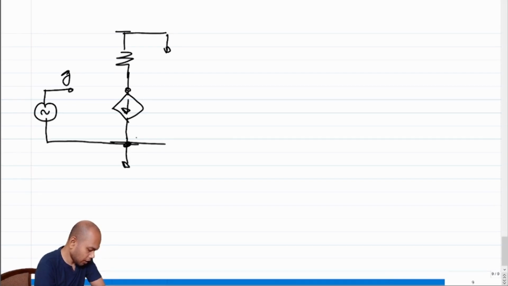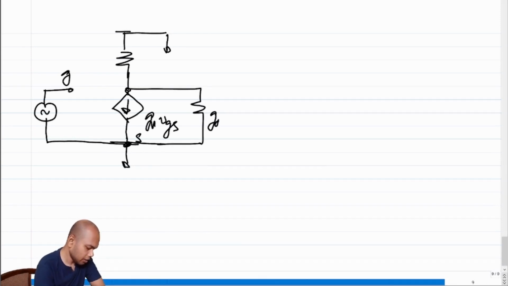This was grounded, this was source, this was gmvgs. I am ignoring gds. But let's say, if I put gds also, there is no harm. Say gdsn. Let me call this gmn. And this is RL.